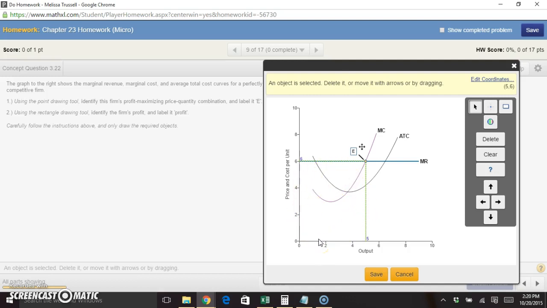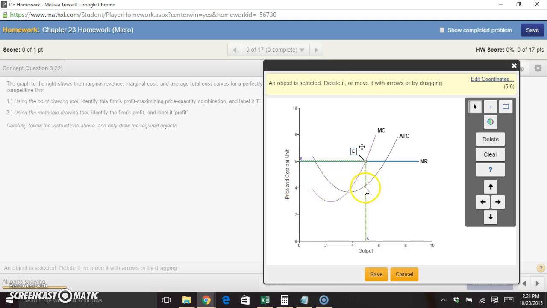So what about our cost? When we're producing 5, our average total cost, remember that's this black curve, is at this point right here. So what is our total cost? Our total cost is the average total cost times the number of products that we're producing, right? So that would be our 5 times this height here, which is a little bit more than 4, it looks like.